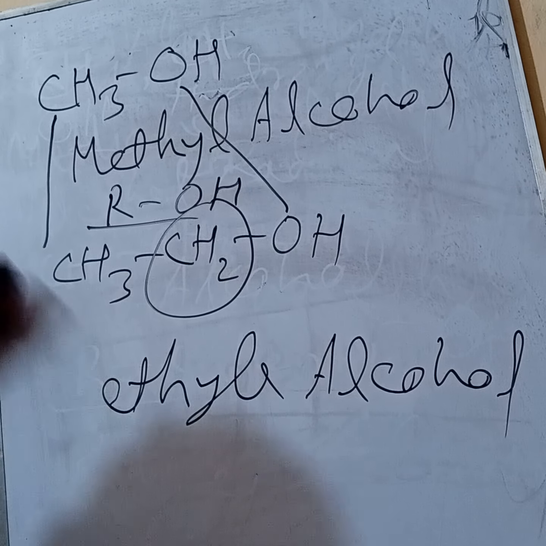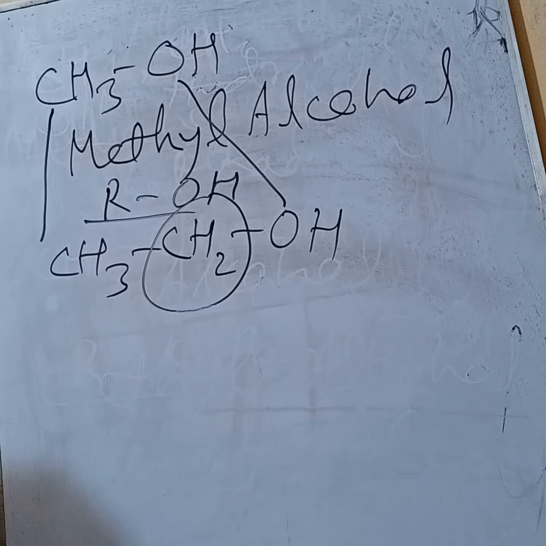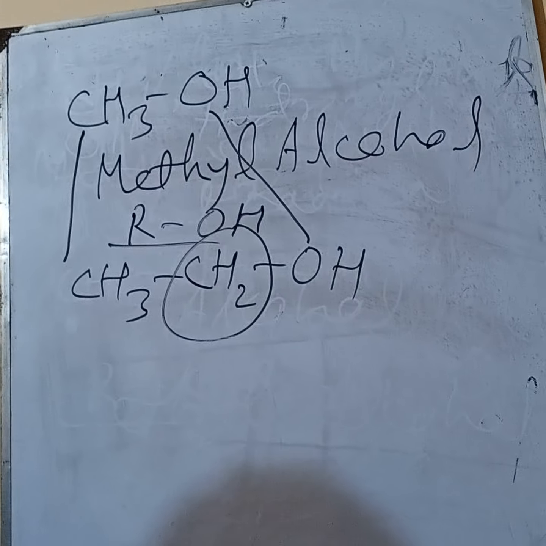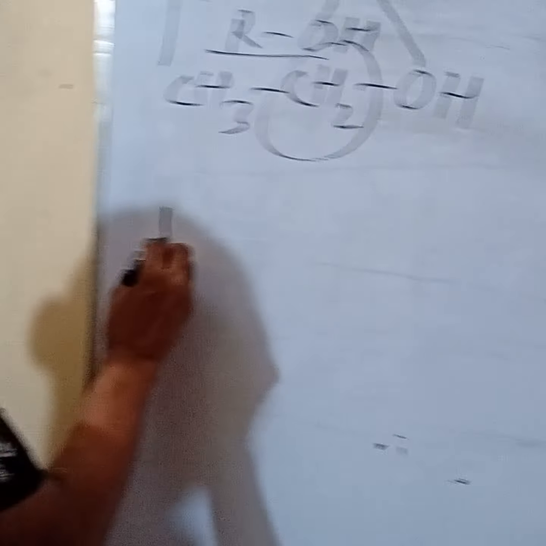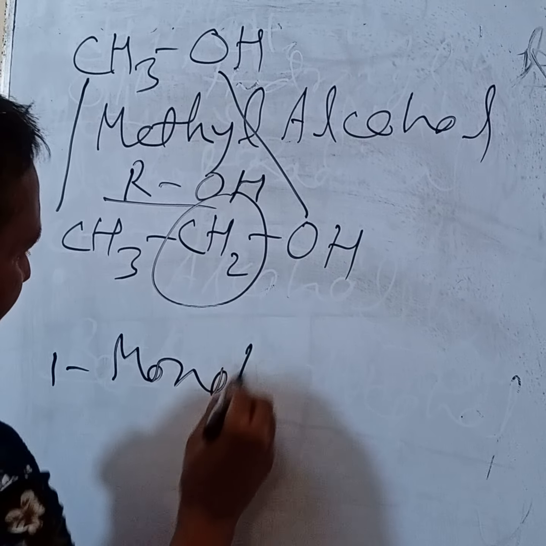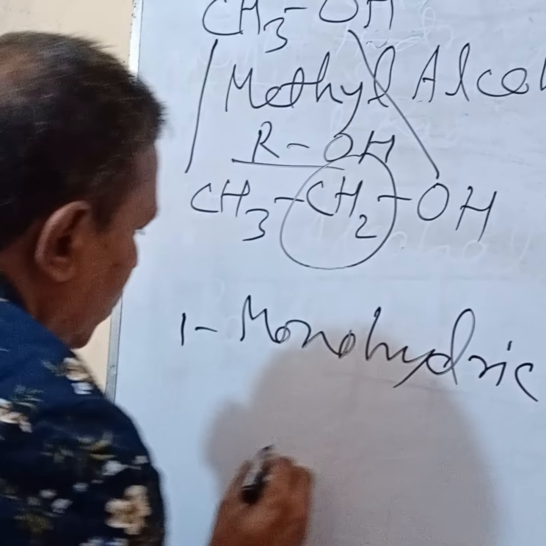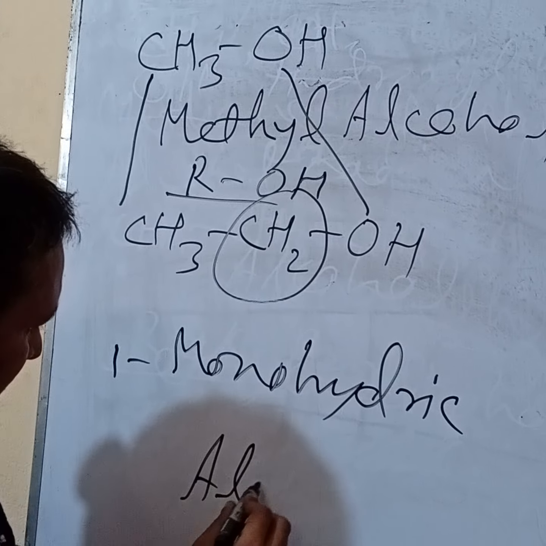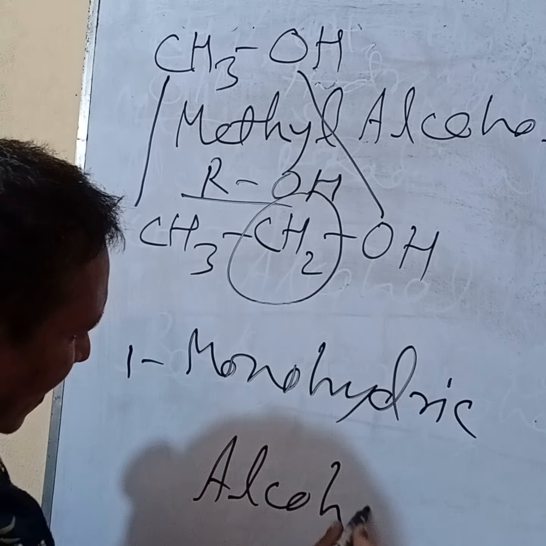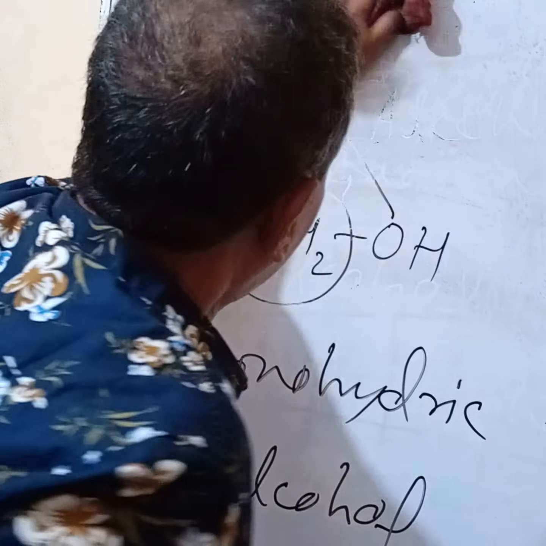Now we have to write how many OH. Hydroxyl radical: 1. So this is a monohydric alcohol. Now question: dihydric alcohol.